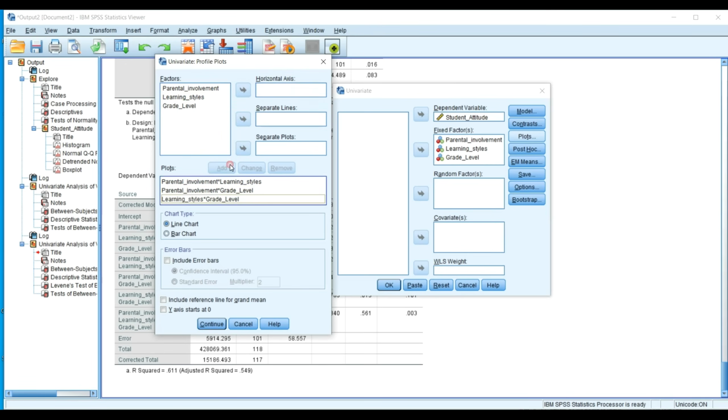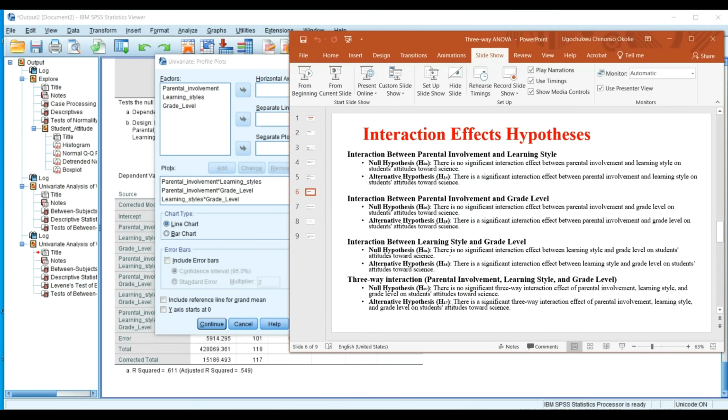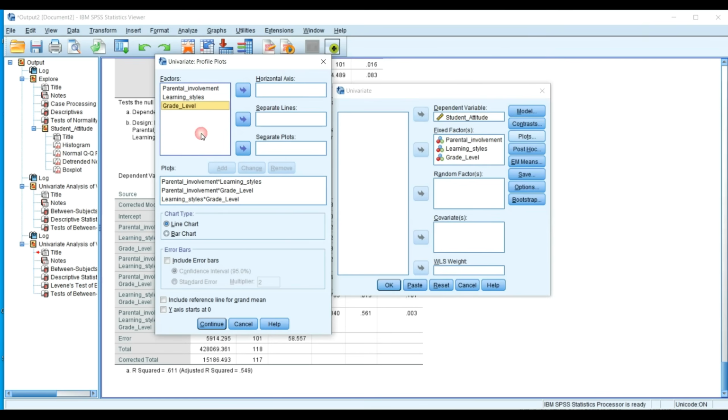I will add that. The fourth one is parental involvement, learning style, and grade level, and I'm going to put that here. So I've got the four interactions. I can decide to use a line chart or bar chart, okay?